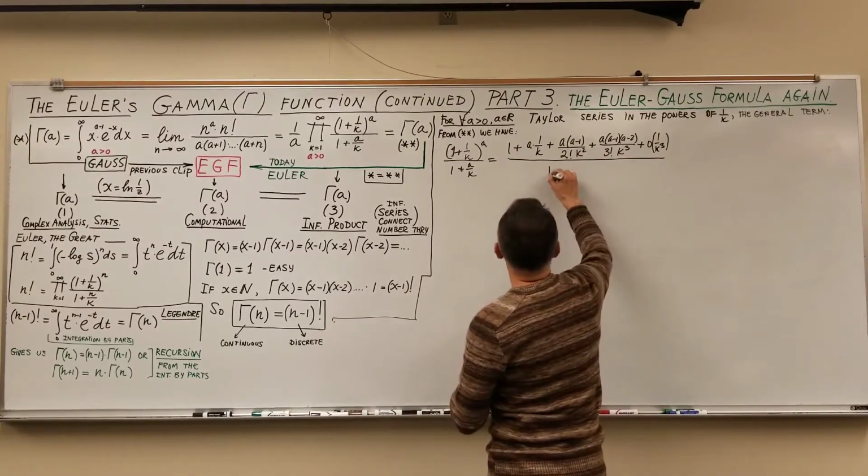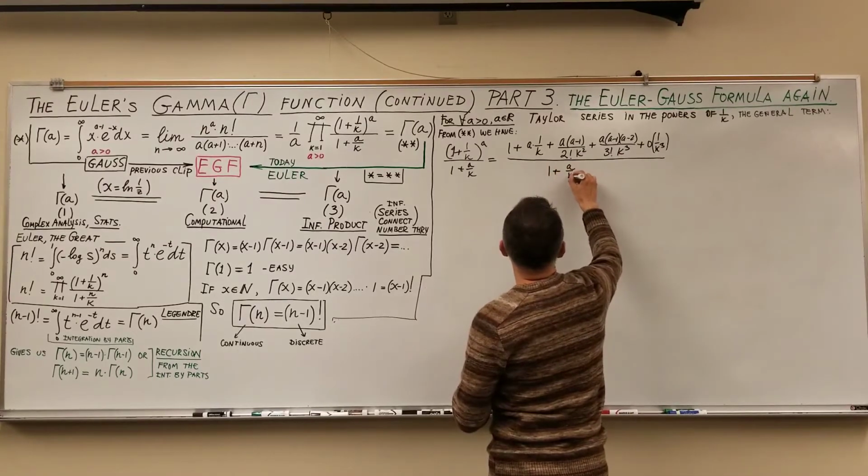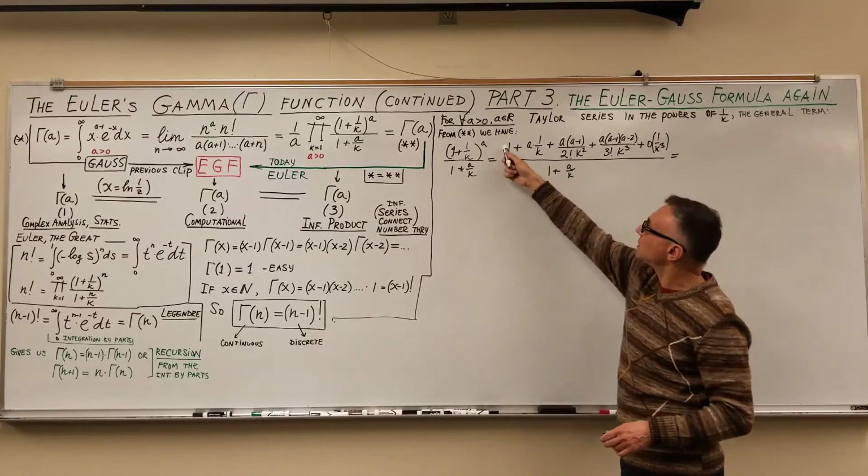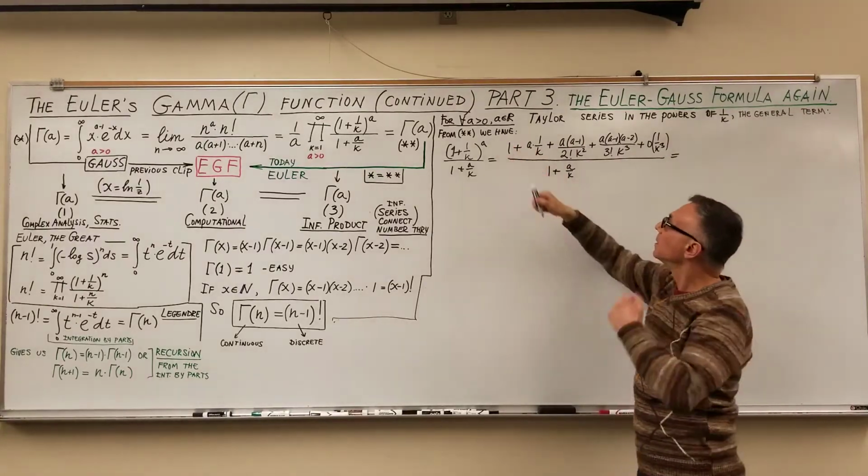This little o notation covers the infinite series of higher orders of k, 1 over k cubed. And here I have 1 plus a over k. So just combine it together as 1 is k over k plus a.